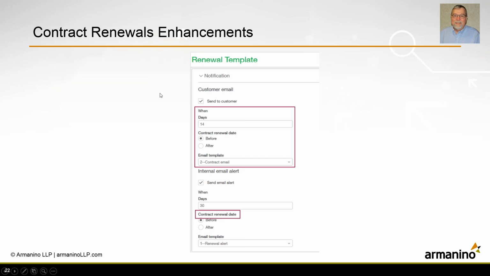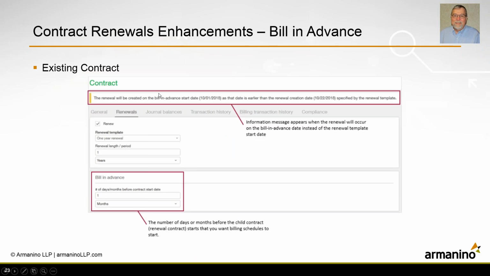Let's look at the bill in advance. The bill in advance feature depends on whether it's an existing contract or a new contract. Under existing contracts, you have the ability to go into the contract line information and specify how that billing in advance should happen.